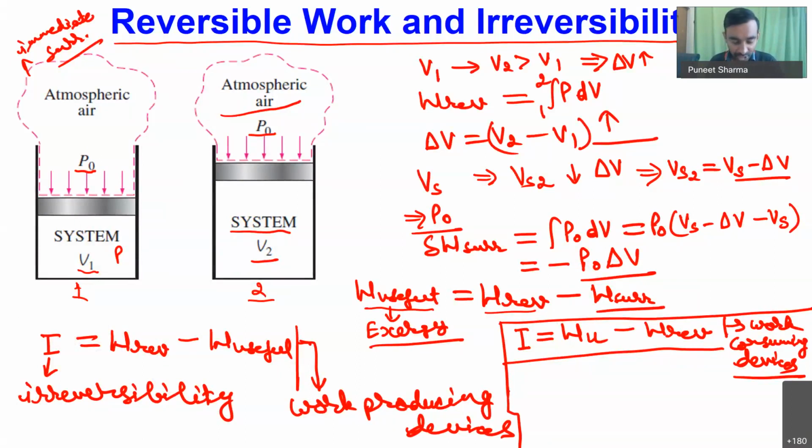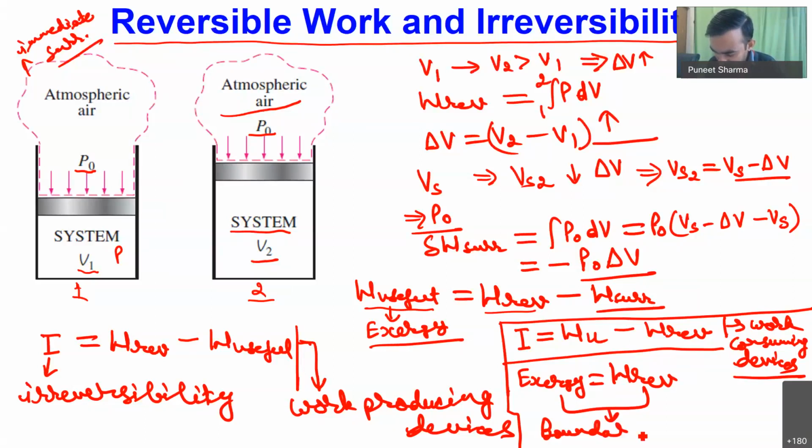If the boundary of the system is not changing, that is, a fixed boundary system, then exergy will be equal to W reversible, the reversible amount of work, because we will not have any work done on the surroundings in that case, as the boundary of the system is not displacing.